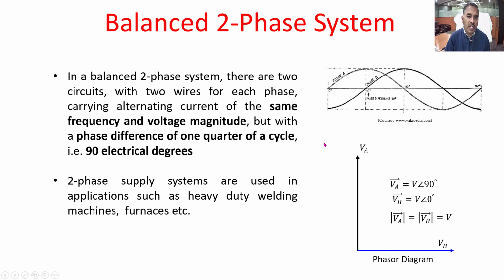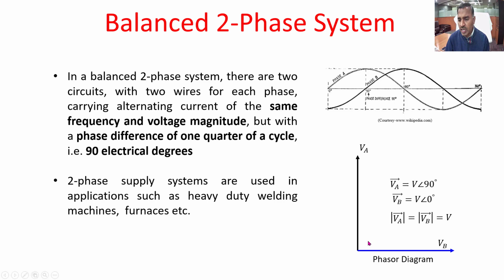Balanced two-phase system. In a balanced two-phase system, there are two circuits with two wires for each phase carrying alternating current of the same frequency and voltage magnitude, but with a phase difference of a quarter of a cycle, meaning 90 electrical degrees. So this is the system VA and VB.